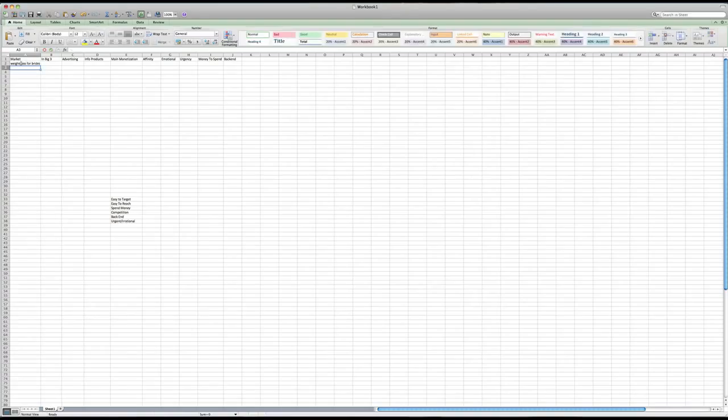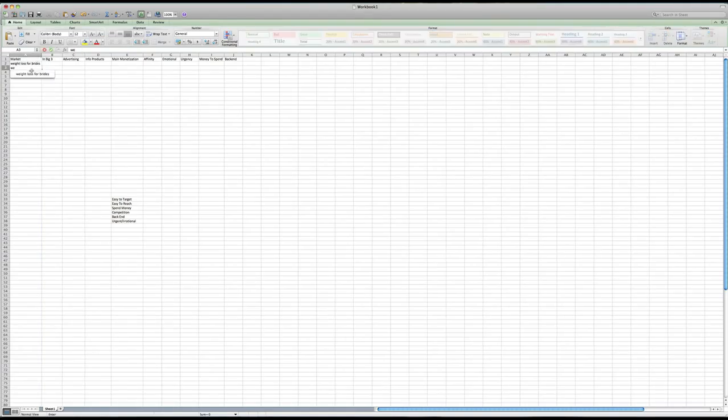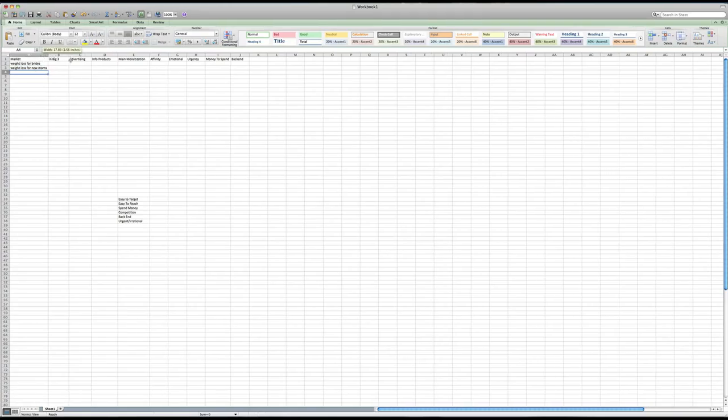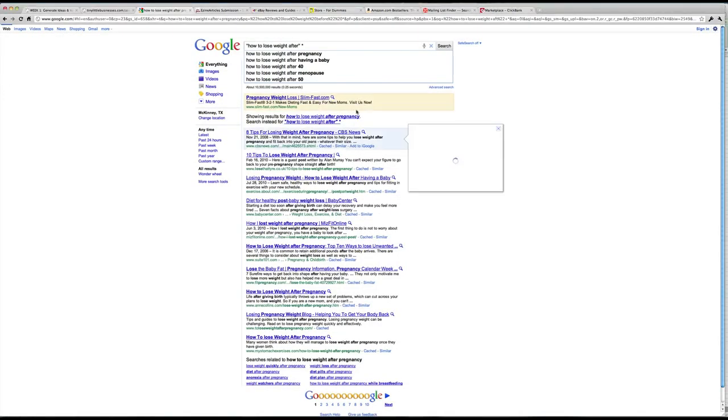That's going to be the market. All right, and that other one I just saw, weight loss for new moms. That's the market. That's the group of people that we're going after. Now, weight loss obviously is the market, but for new moms, for brides, that's the group of people that we're trying to target.